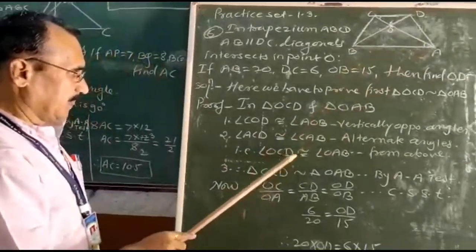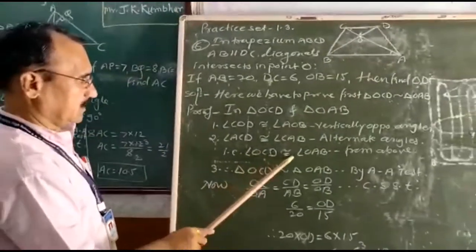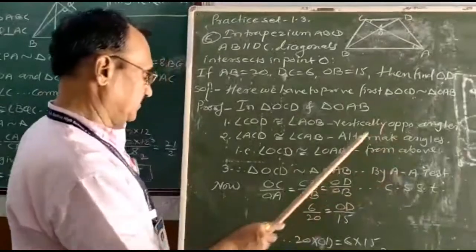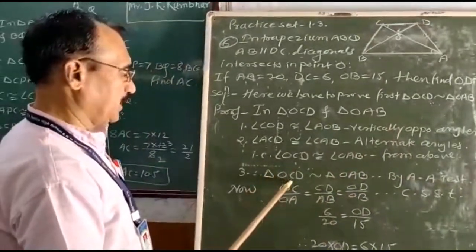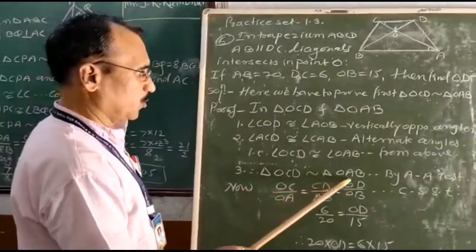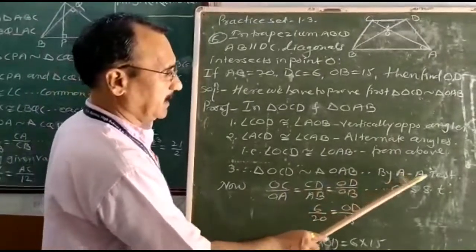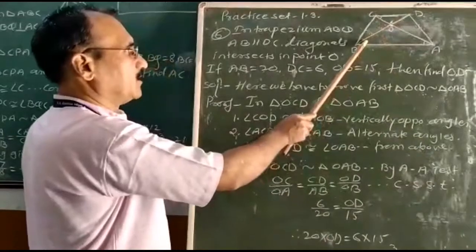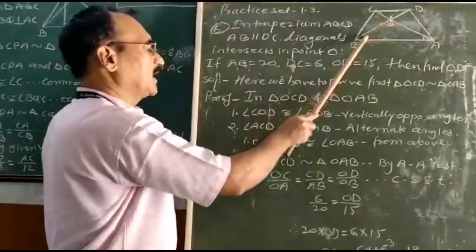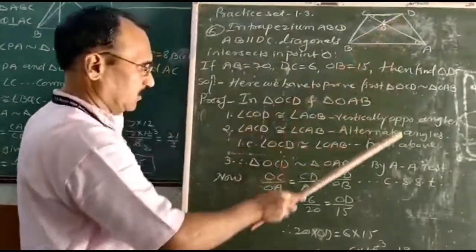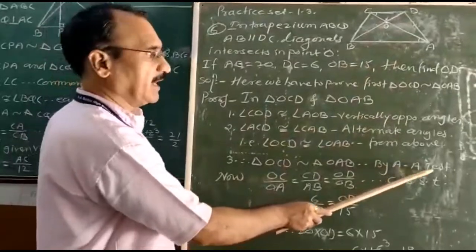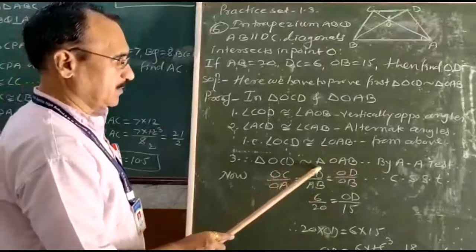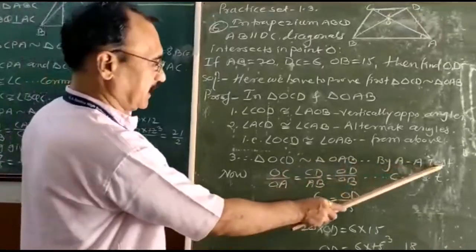Angle OCD is congruent to angle OAB from above, and therefore triangle OCD is similar to triangle OAB by AA test. We can show the third angle is also congruent, and we can write also by AAA test. But for our convenience, these two triangles are similar by AA test.